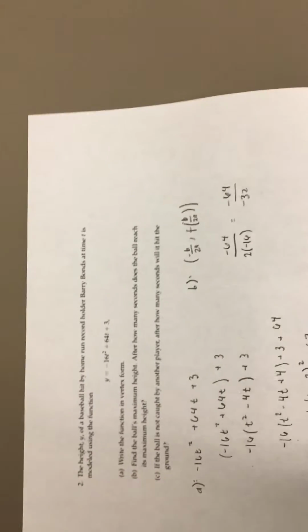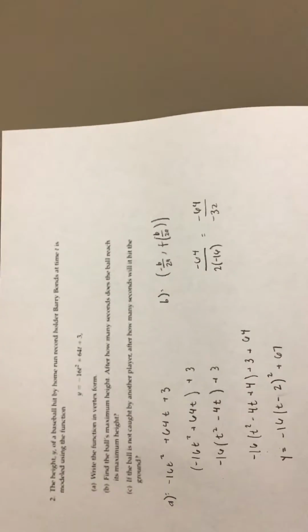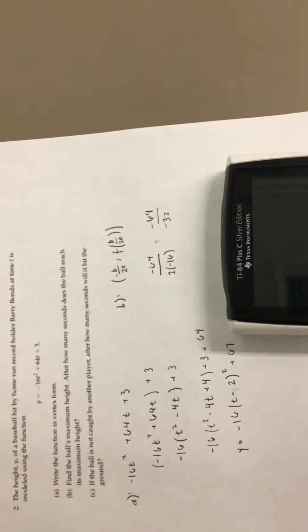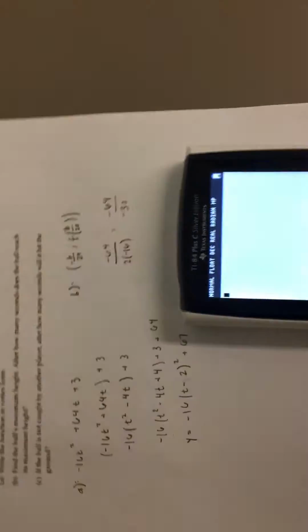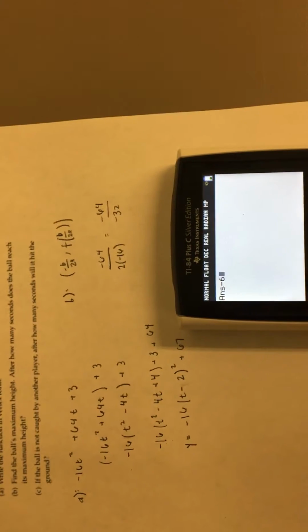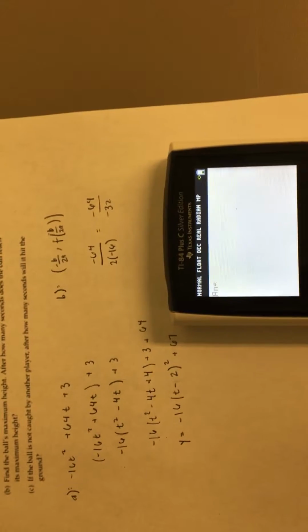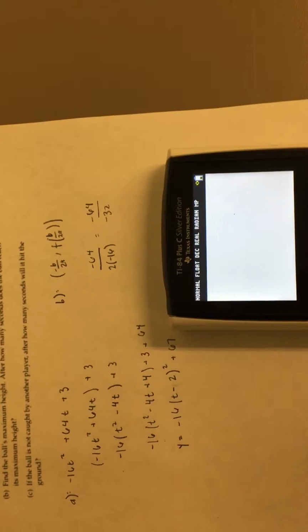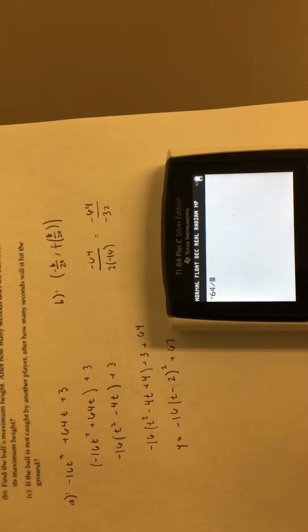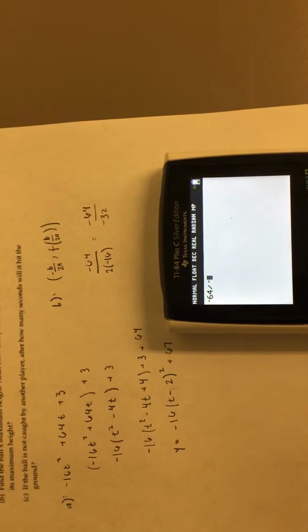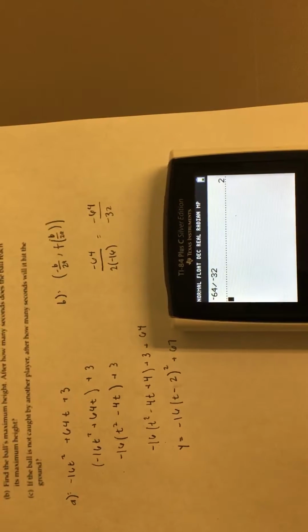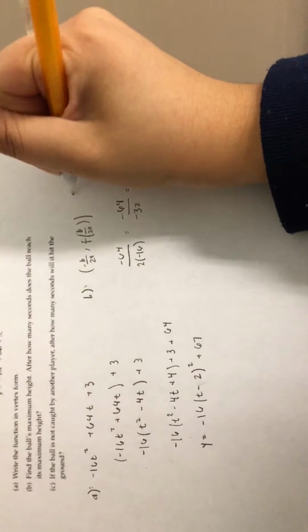Grab our calculator. So now we have negative 64 divided by negative 32, which gives us 2. So our first answer is 2.